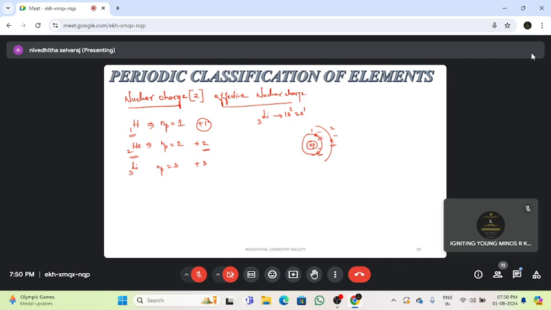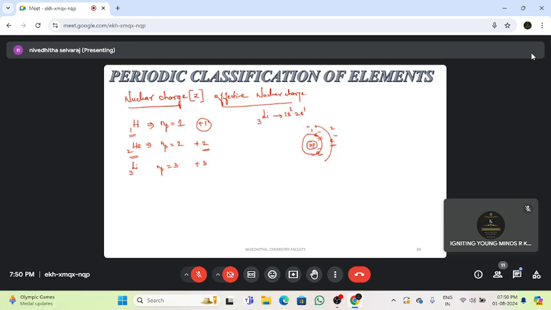Not only that, there is another very important reason. Between this nucleus and the valence shell, or between this nucleus and the second shell, there is an inner shell, right? In this inner shell we have 2 electrons, and these 2 electrons are revolving around the nucleus, right?